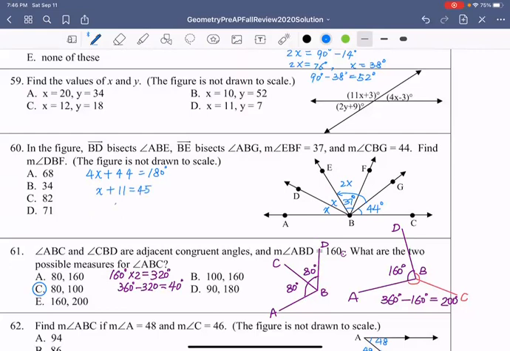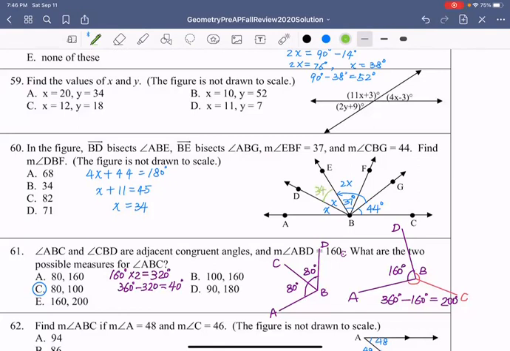Very good. X equals 34. Now they're asking for DBF, right? So let's figure it out. X is 34, so this piece is 34. This is 34, right?